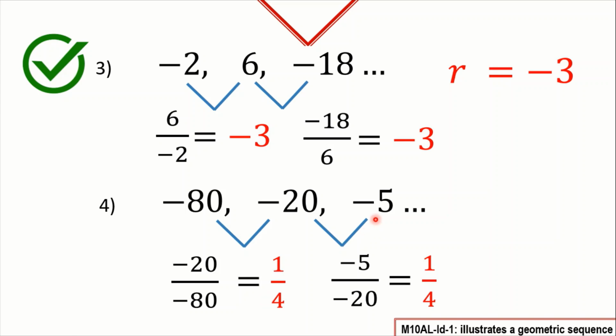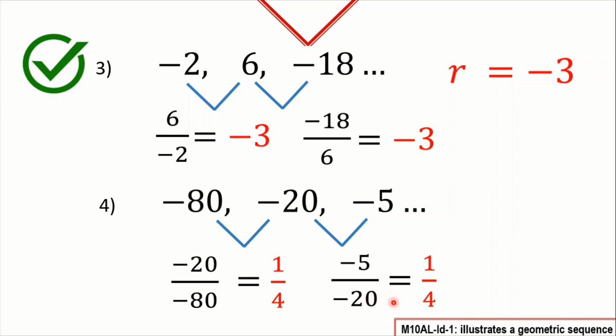Now, let's have third term over the second term. So, -5 over -20. Again, i-reduce natin siya sa lowest term. Okay, pag i-reduce natin sa lowest term ito, we divide the numerator and the denominator by 5 over 5. So, -5 divided by 5 is -1... rather, 5 divided by 5 is 1.